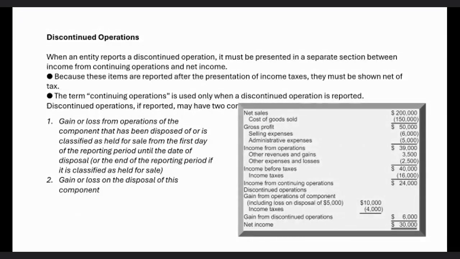The term continuing operations is used only when a discontinued operation is reported. Discontinued operations, if reported, may have gain or loss from operations of the component that has been disposed of or is classified as held for sale from the first day of the reporting period until the date of disposal, or the end of the reporting period if it is classified as held for sale. And gain or loss on the disposal of this component.